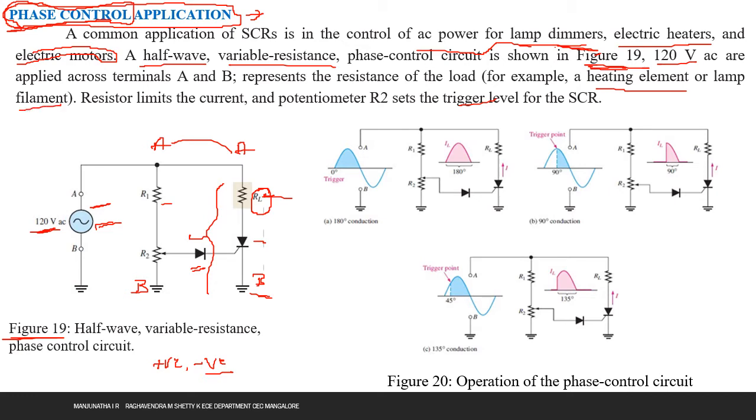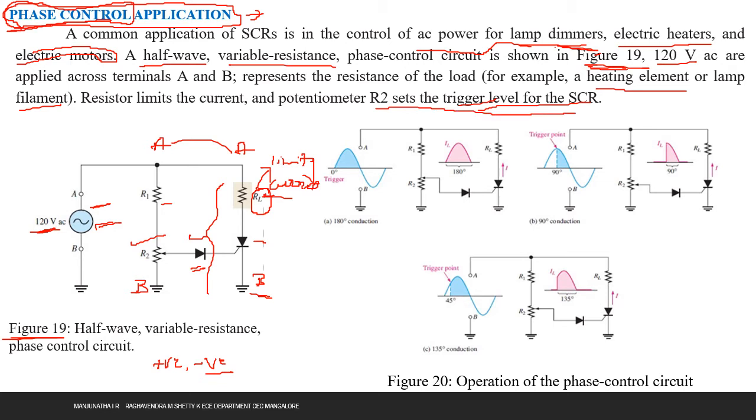The resistor limits the current and potential. This load resistance limits the current, and the potentiometer R2 sets the trigger level for the SCR. So this point is very important.